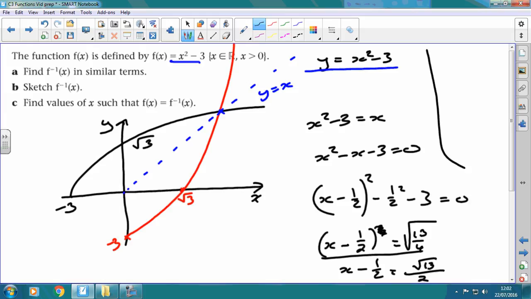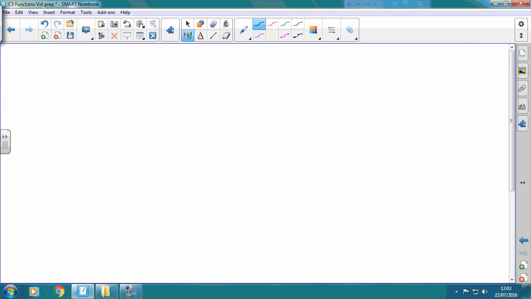So we've got x equals a half, in theory plus or minus, but again, this is going to be the positive version of it. So a half plus the square root of 13 over 2, or if you write it as one fraction, 1 plus the square root of 13 over 2. And that's that one there. That's it.